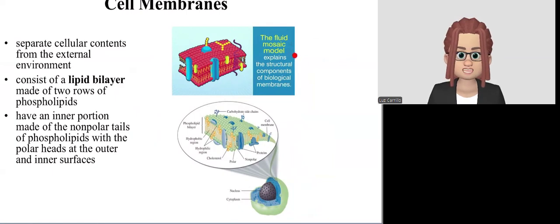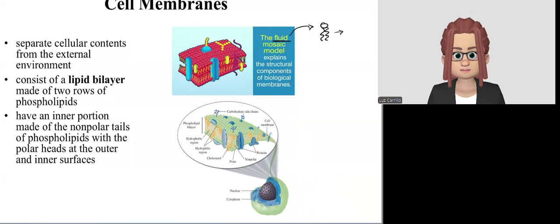This model simply explains the structural components of biological membranes. The reason why this is called fluid is because when it comes to the phospholipids, typically what we observe are unsaturated fatty acids.